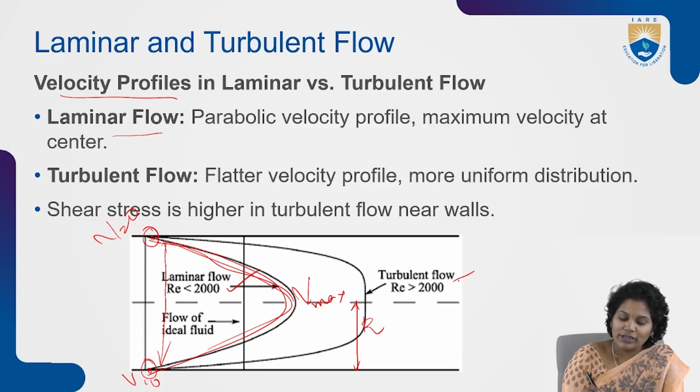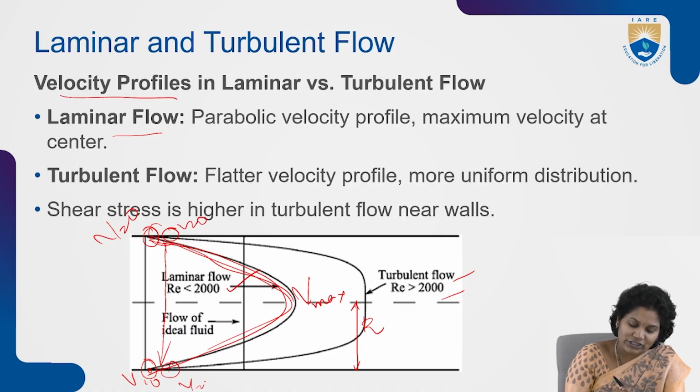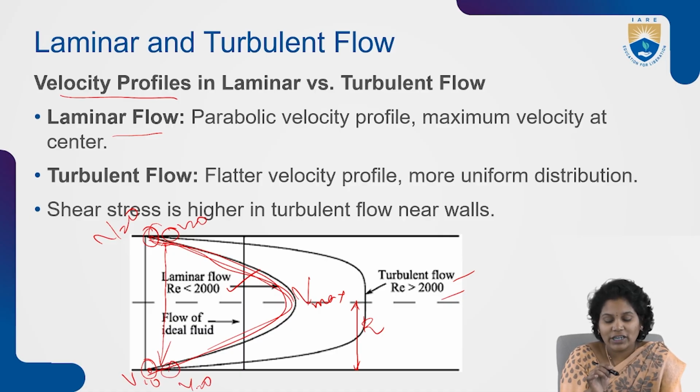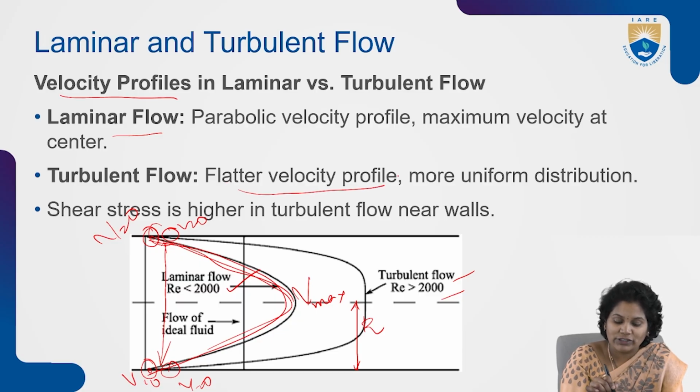Now here are the turbulent flows. Turbulent flow is also the same: at the boundaries the velocity is 0 due to the frictional resistance offered by the solid wall. As we move, due to the zigzag nature and the high velocities, the turbulent flow profile is a flatter velocity profile with a more uniform distribution.